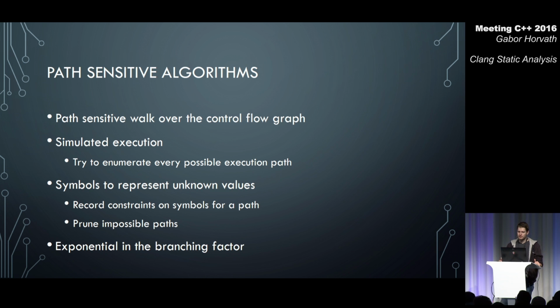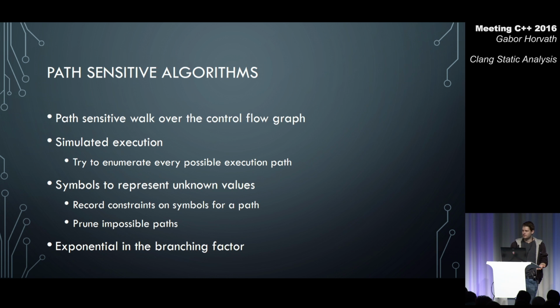So when we are trying to enumerate every possible execution path, we try to do something like an interpreter, which interprets the meaning of our code. It is almost like running it, but we do not expect the inputs from the user. We do not expect inputs from files or over the network.